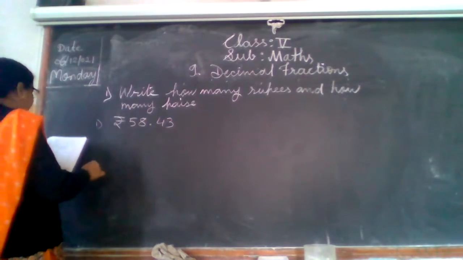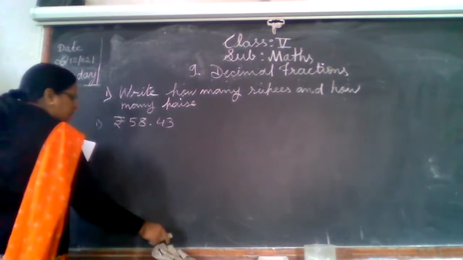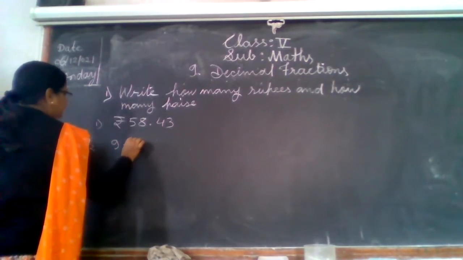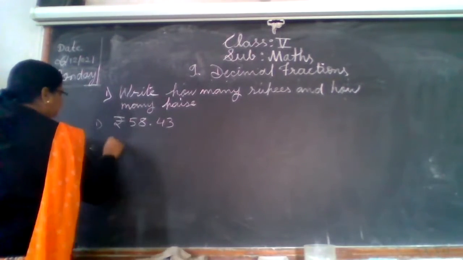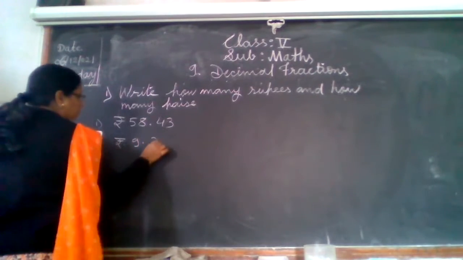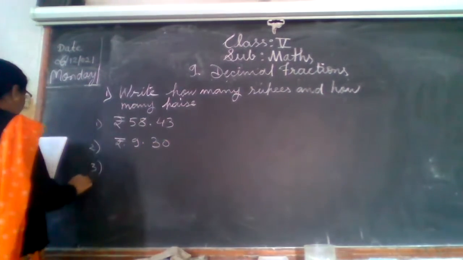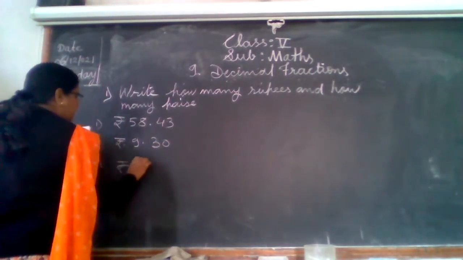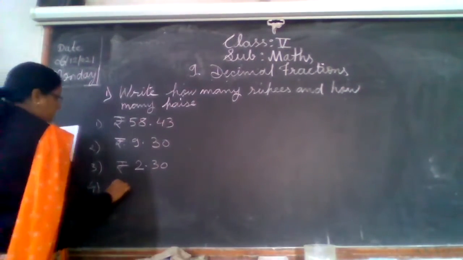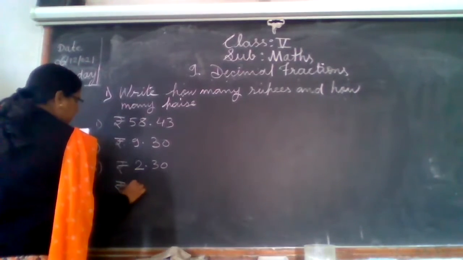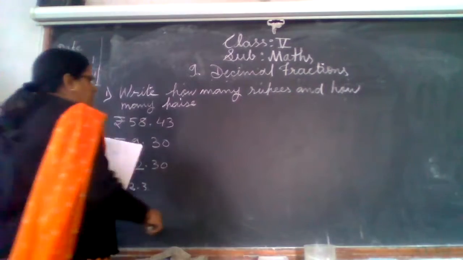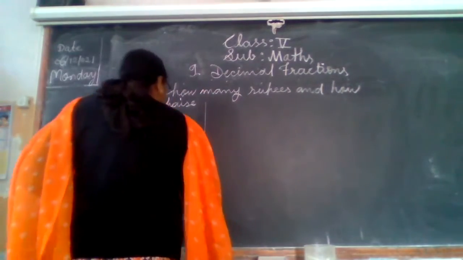Okay, so here we will make the table. Rupees 9, rupees 2.30, and the fourth one is rupees 2.30. See children, here we will make the table for that.